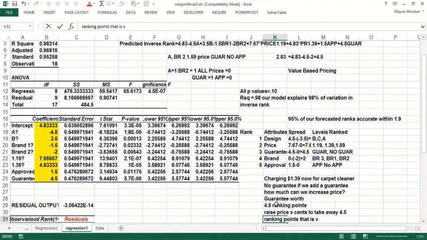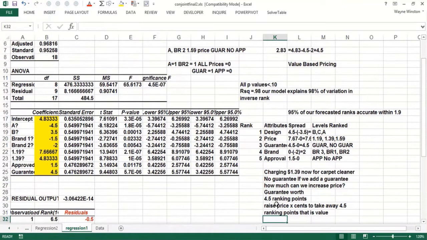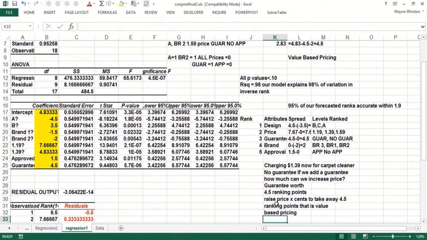Because what we're saying is we'll raise the price just enough to take away the value the consumer attaches to the feature we're adding. And then we're hearing the voice of the customer instead of doing cost plus, which just means raise your cost, let's say 20%, which is what a lot of companies do.